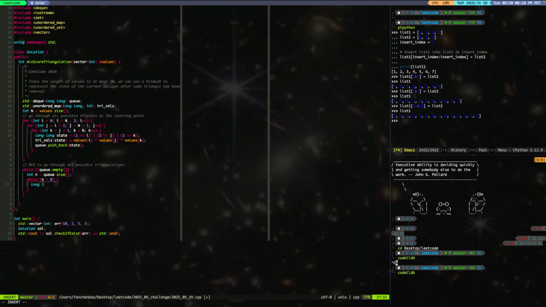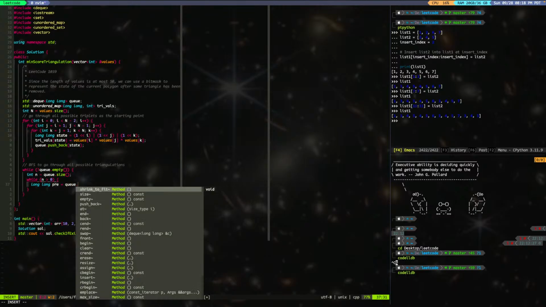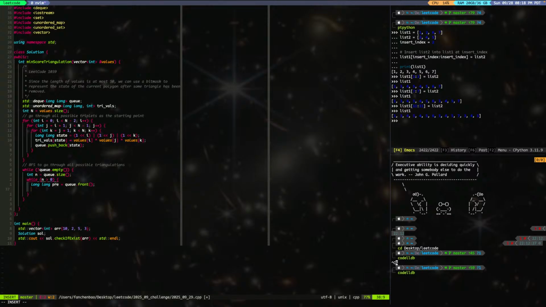So long pre equal to q.front, then q.pop_front. So that's pre. I have n, so I know how many to go, and for each one we just check. If it's not set, then we'll do it.